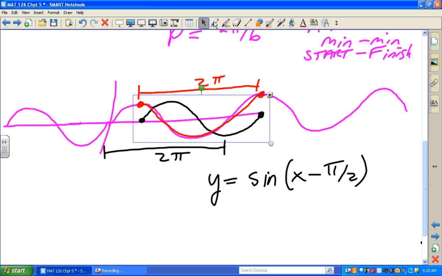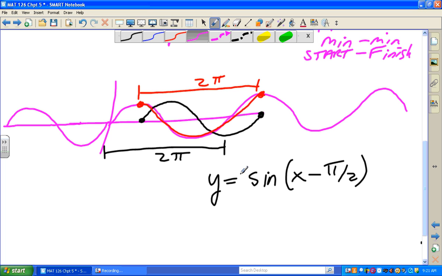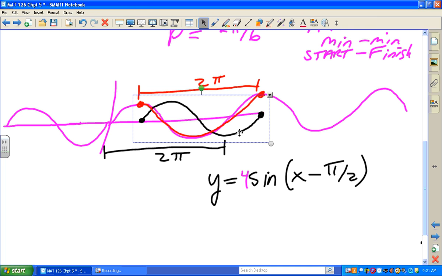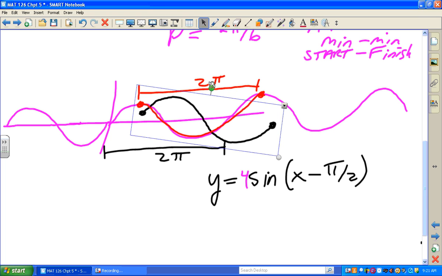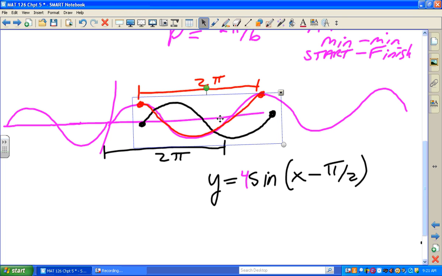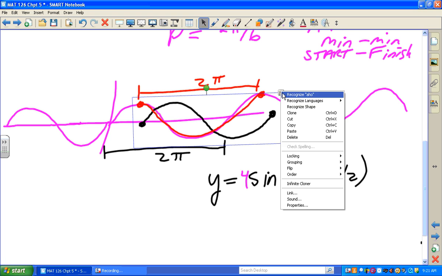You know, you can put a number in front of this, like a 4. Well, then, I don't know if I can do that with this or not. I'll try. Then all of a sudden, you can start stretching the graph. Is he going to let me? Yeah, that's going to change everything. No. I want to see if I was in a text box, I could do it, but not here, I can't.